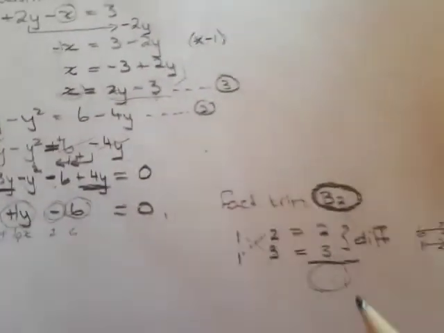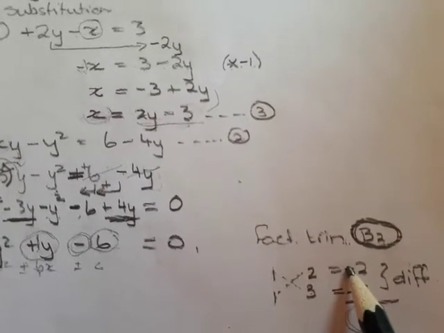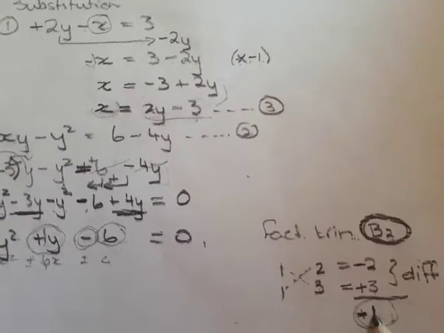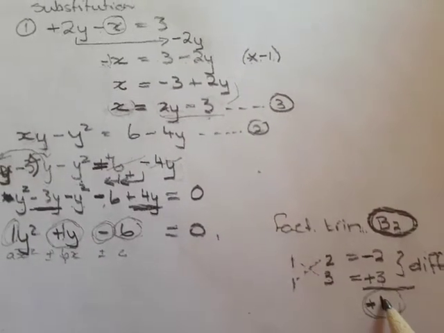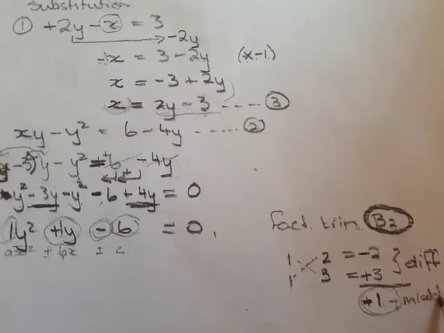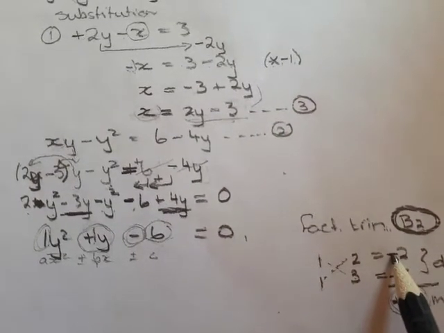So I know that if I make that positive 3 and that negative 2, then my answer will be positive 1. Therefore, I've got my middle term, which then is correct. What you then do is you take over this negative between here, and that becomes 1 bracket.